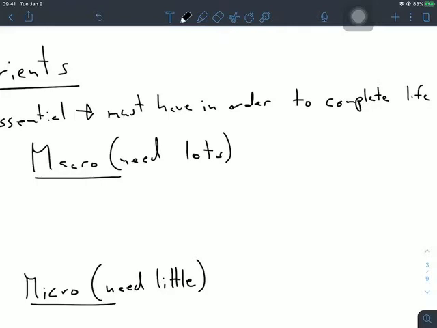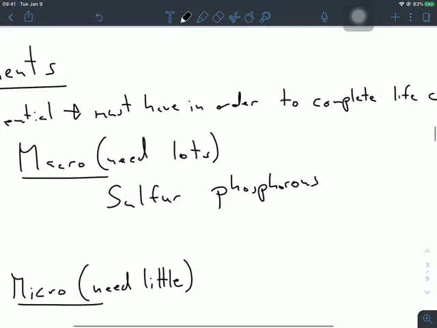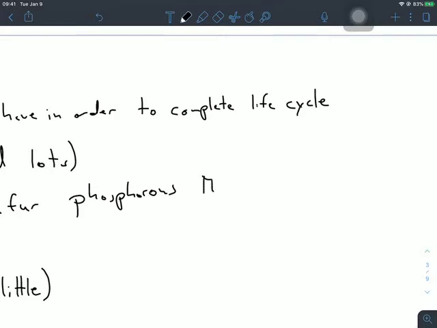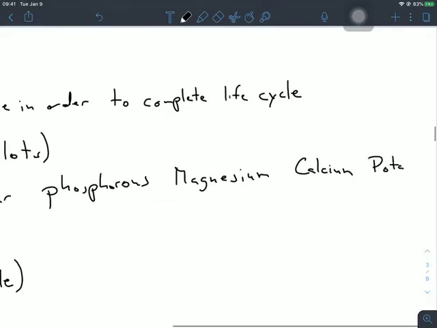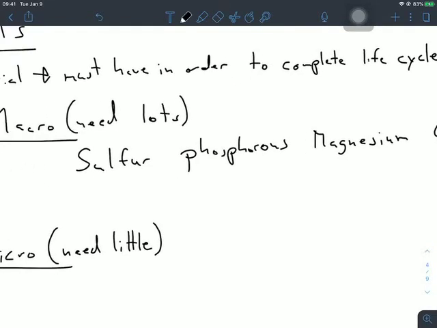The major macronutrients for a plant are sulfur, phosphorus, magnesium, calcium, potassium, and potassium, I will ask that y'all keep track of its chemical symbol, K. Nitrogen, whose chemical symbol is N. Oxygen, carbon, and hydrogen.